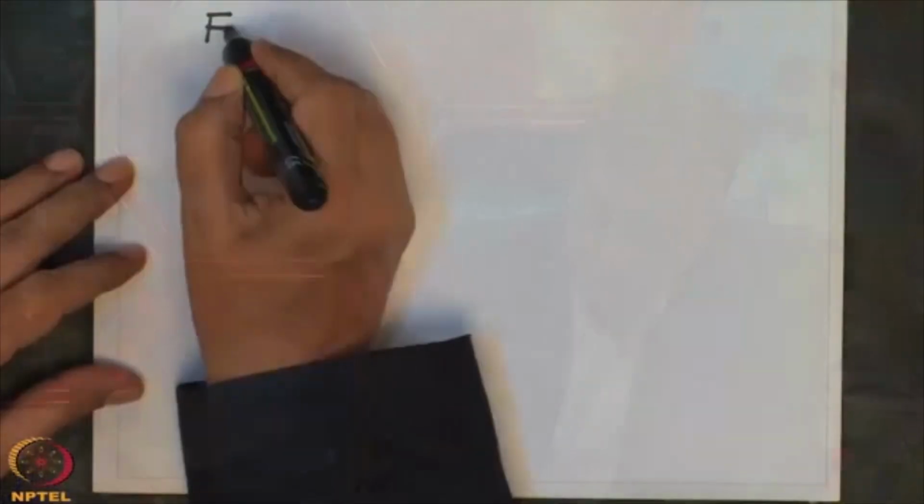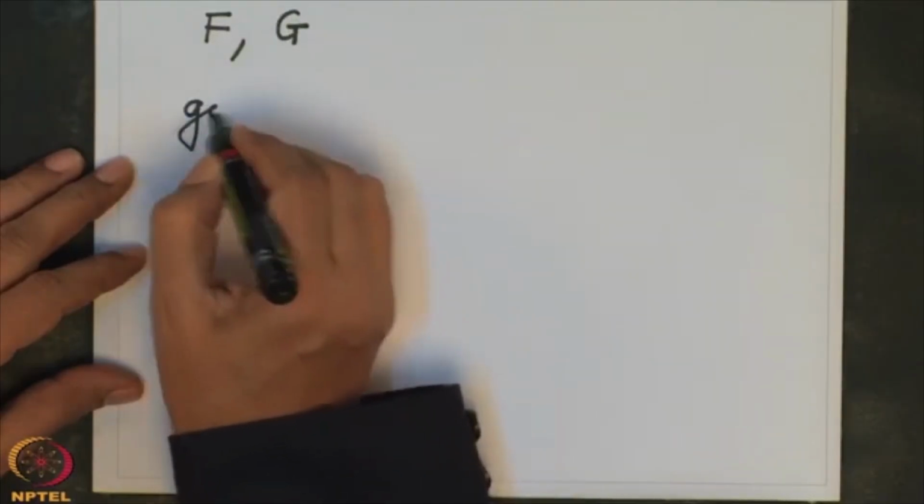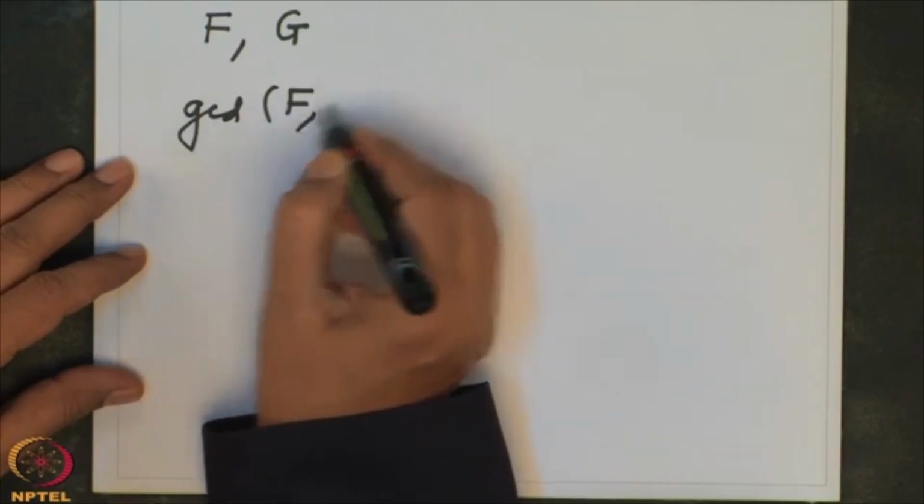So division with remainder, when we apply it again and again, leads to what is called the Euclidean algorithm. So that is one way to compute a GCD. If I am given two polynomials f and g, how do you compute a GCD of f and g?